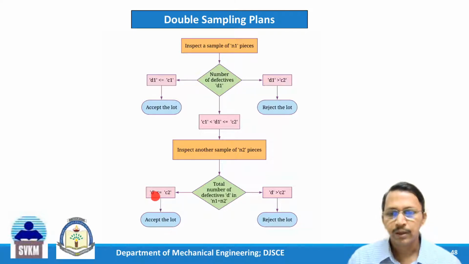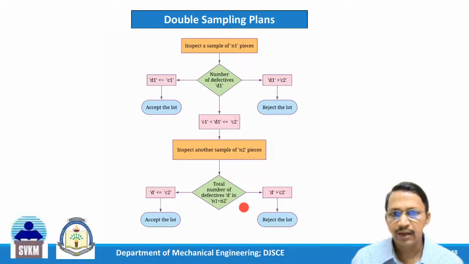But if the total number of defectives in both the samples, that is D, is greater than C2, then reject the lot. So here the decision is based on these two samples. That is the reason why it is called a double sampling plan.